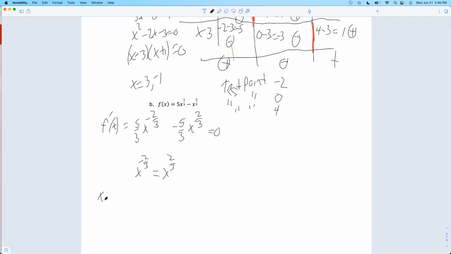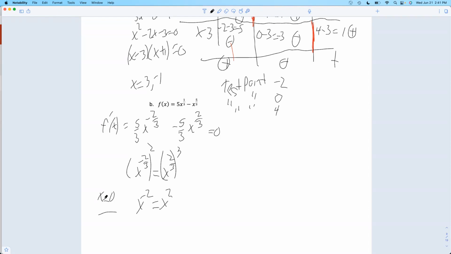X equals 0 should be an obvious answer there. And then if I cube both sides, I'll get x to the negative 2 equals x squared.